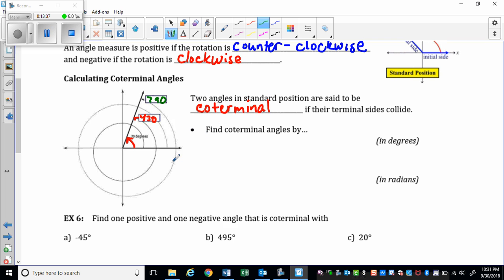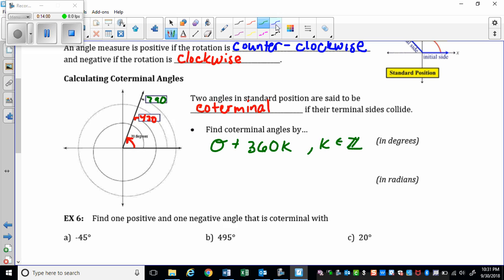Find the coterminal angles in degrees. What we're going to do is add multiples of 360. So we're going to say theta plus 360 times k. We usually use k in this case, where k is an element of the integers.